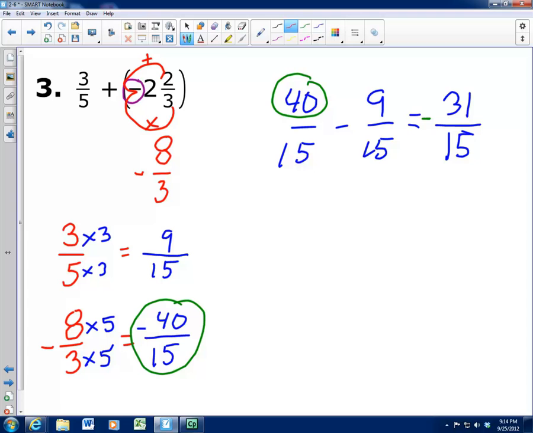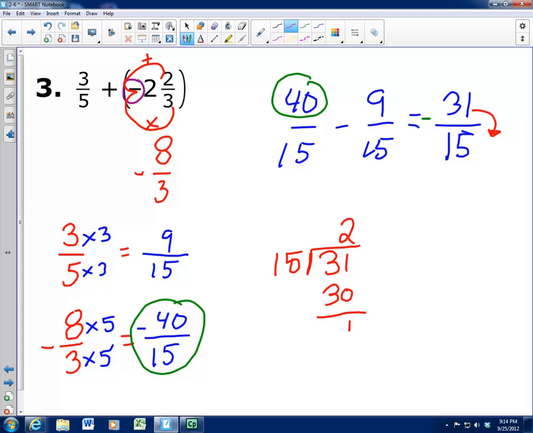Well, I'm not quite done yet because now I actually need to simplify that. Remember, our numerator falls into our doghouse, so we would have 31 divided by 15. So 15 goes into 31 2 times, which gives me 15 times 2 is 30.